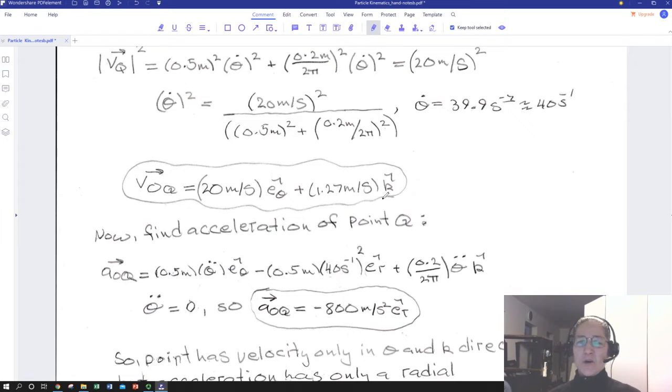Well, we already know that theta dot is 40 second to the negative 1, so we can put that in. We know that the radius is 0.5. And then we've got, again, a theta double dot. If theta dot is a constant, theta double dot is 0.